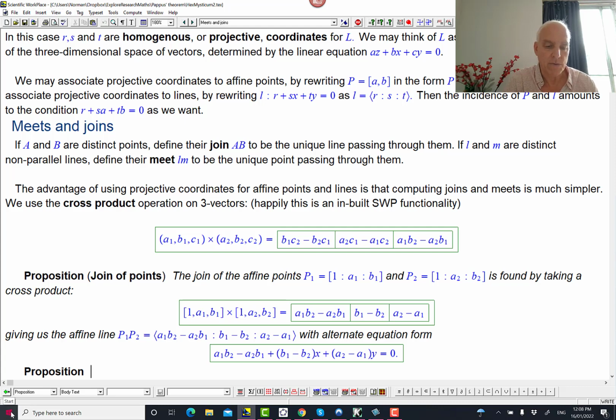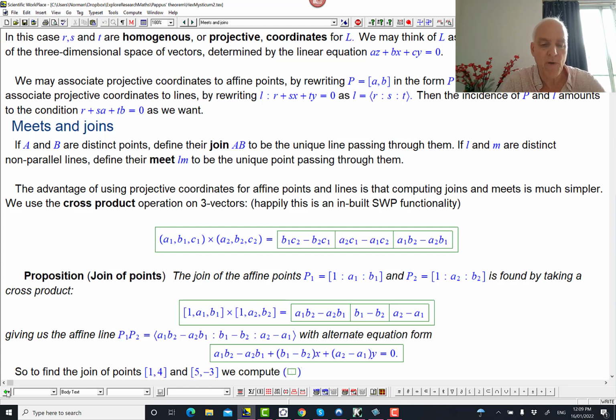All right, so suppose, for example, to find the join of points, let's say we have the point (1, 4) and the point (5, -3). Okay, we compute, what do we compute?